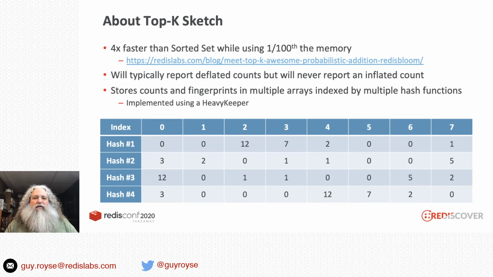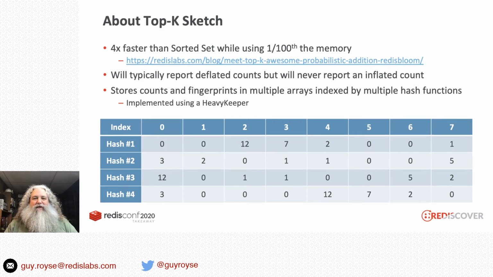Top K will report deflated counts, in other words, counts that are lower than they should be, but it will never report ones that are higher than they should be. And top K has this hash two-dimensional width and depth structure, very similar to count min sketch.